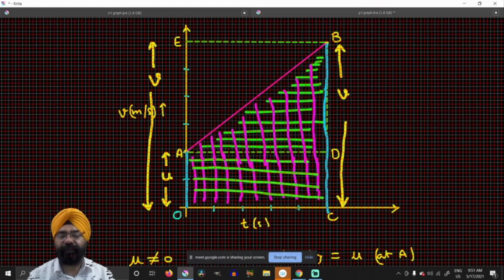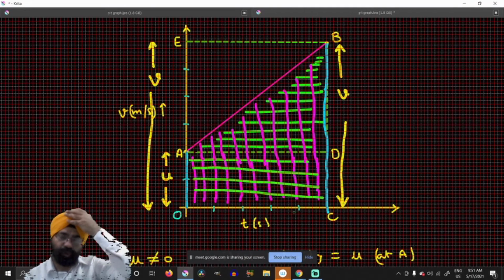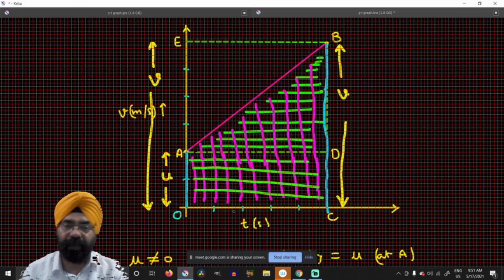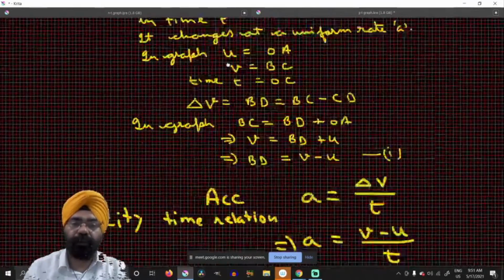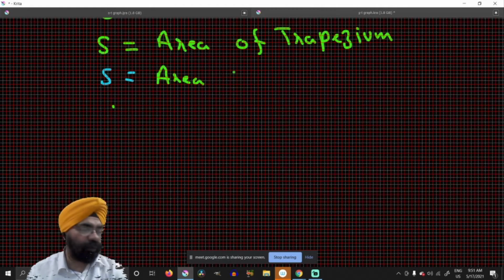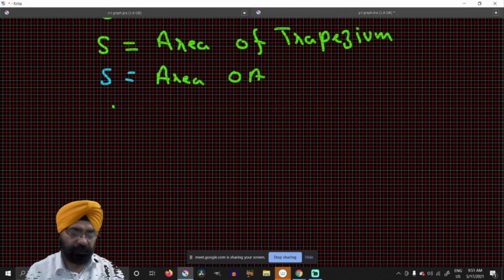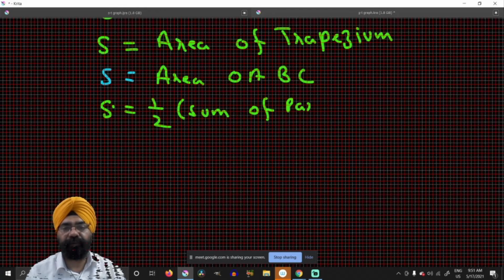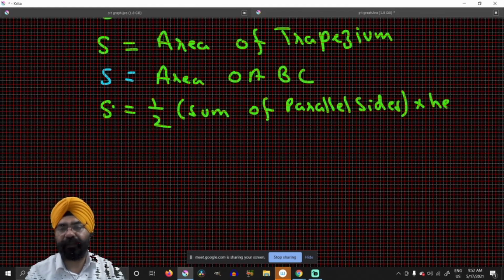What is the yellow line? The distance between the two. It is equal to OC, which is equal to T, right? But we don't have T in the third equation, so then we replace it. Understood? Yes, sir. So S is equal to area OABC, which means S is equal to half the sum of parallel sides into height.